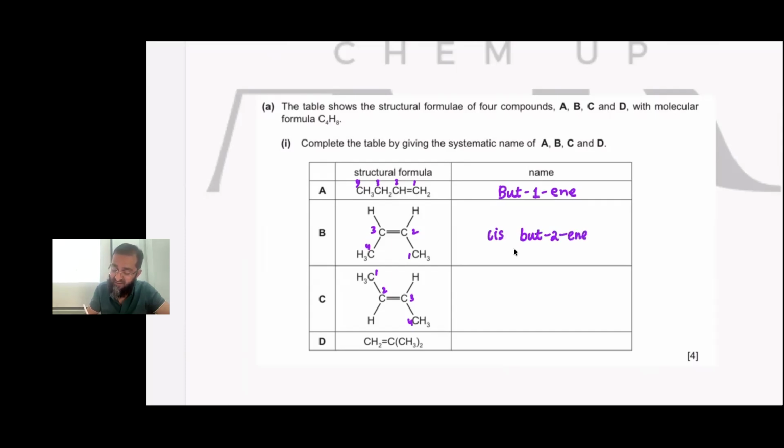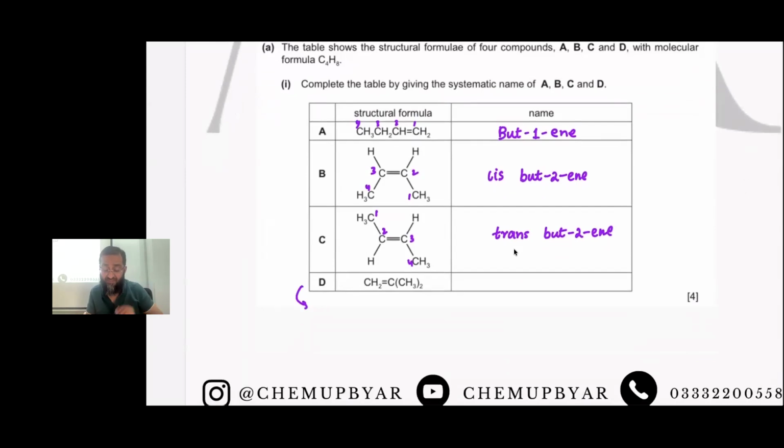And the next one is trans-butene. Why we are using cis and trans, that's what we will study in isomerism. Now, if you look at the last one, what will be the name of the last one? Yes, Ridwan and Ahmed, what is the name of the last one? It's not maths.